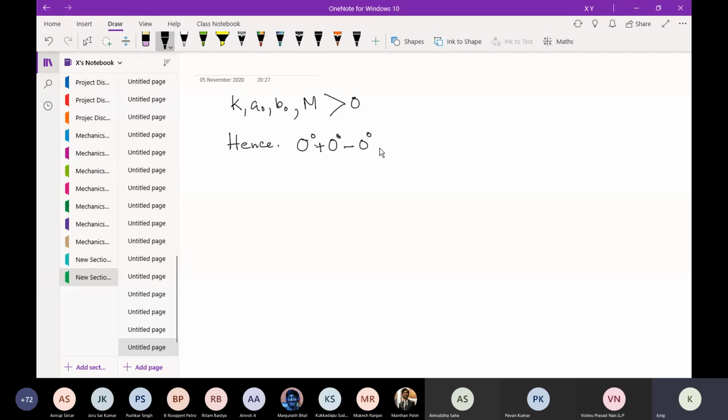M is plus 0 degrees from M to the power minus Q, and so what is this?